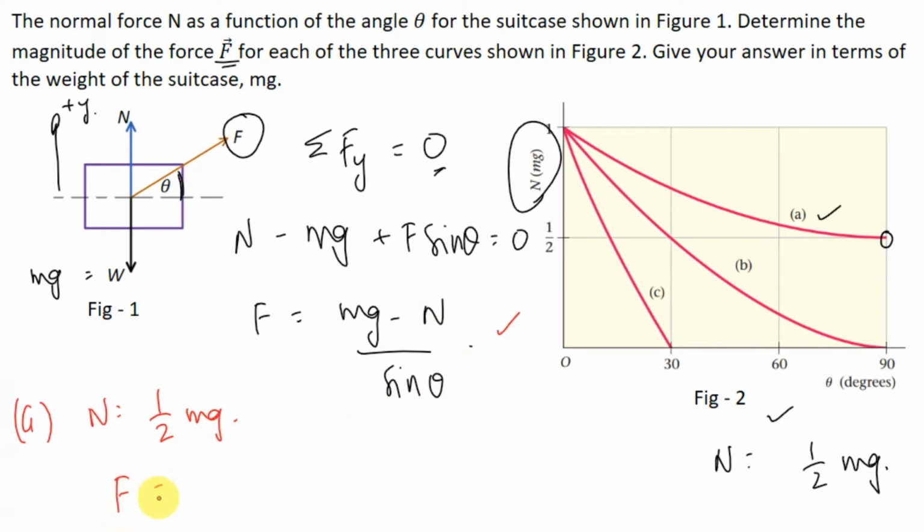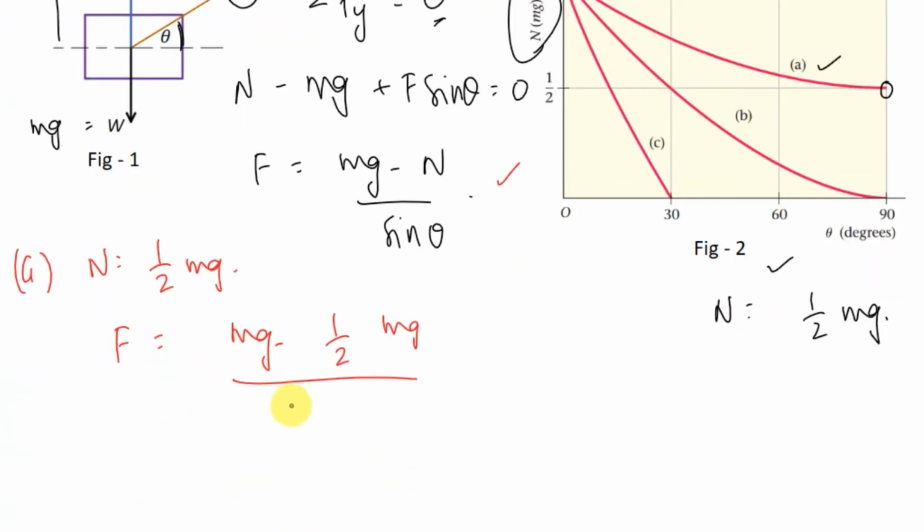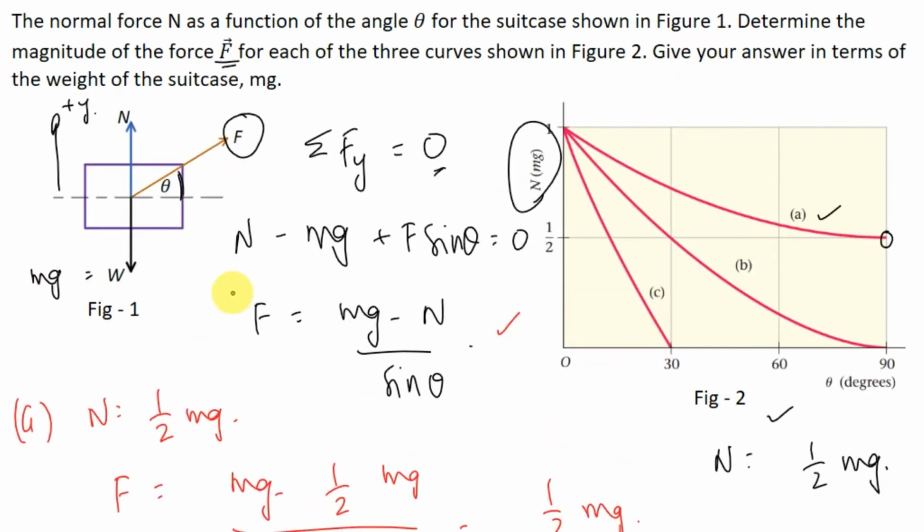So F equals (mg minus 1 over 2 mg) over sine theta, and theta is 90 degrees. That comes out to be 1 over 2 mg. So this is the magnitude of the force when N becomes half of mg and theta becomes 90 degrees.